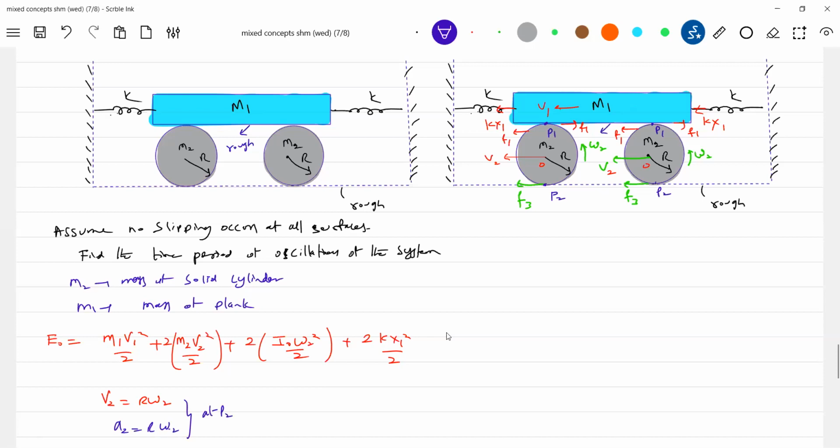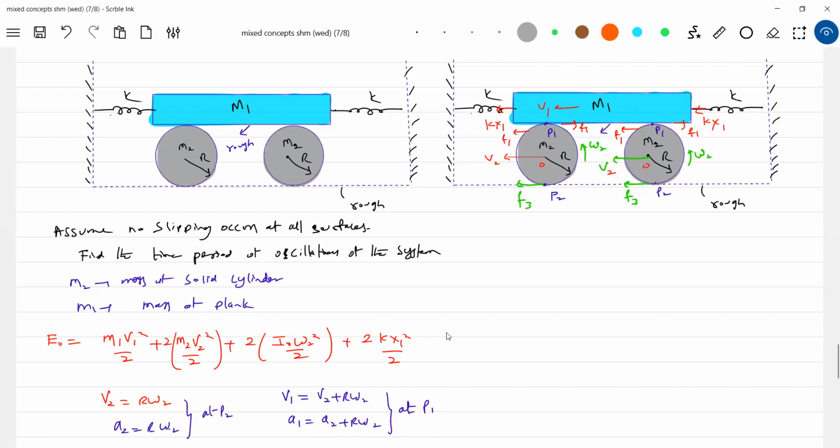Similarly, for no slipping at P1, V1 should be equal to V2 plus R omega 2, or A1 equal to A2 plus R omega 2. This is at P1. The velocity of the plank is V1, and the velocity of the highest point of the solid cylinder is V2 plus R omega 2. This is the background for no slipping.